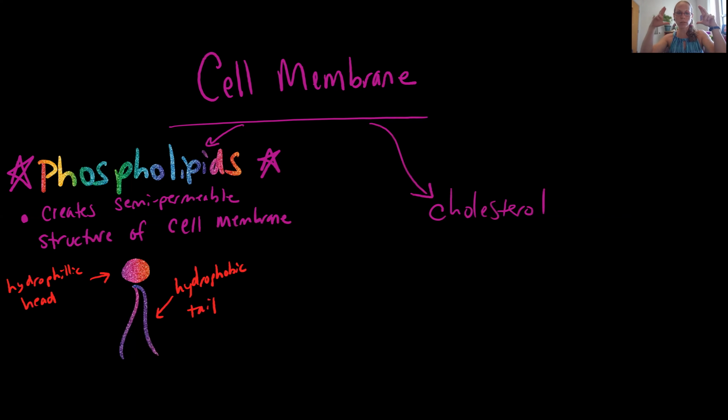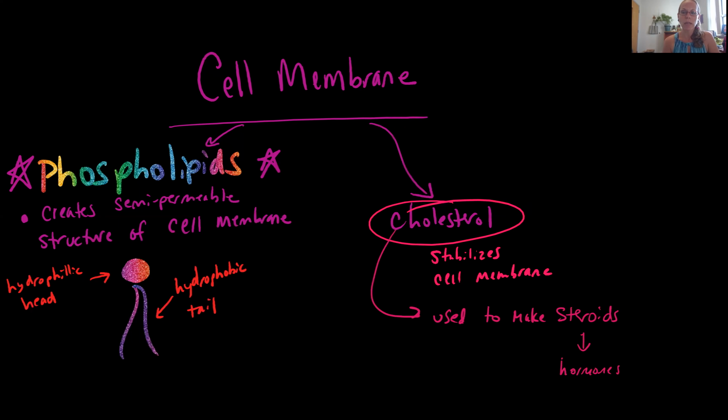So that means it has a water-loving head and a fatty acid water-fearing tail. And so this will be important. We'll talk about it again in the future. So just keep that in mind. The cholesterol molecule is important in stabilizing that cell membrane. So it's helping to keep it from being too fluid.